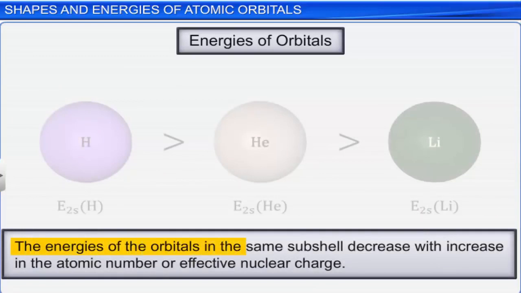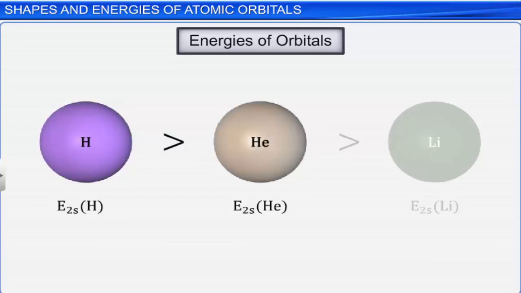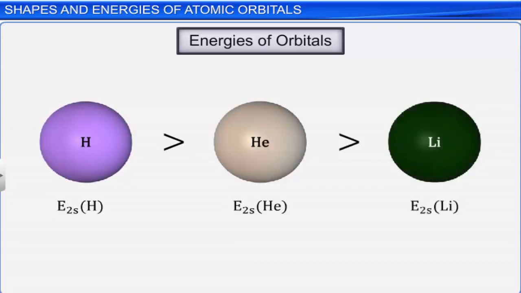For example, the energy of 2s orbital of hydrogen atom is greater than that of 2s orbital of helium, and that of helium is greater than that of lithium, and so on. That is, E2s H greater than E2s He greater than E2s Li.